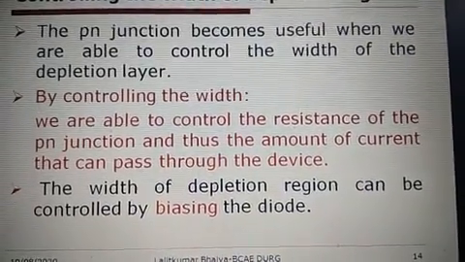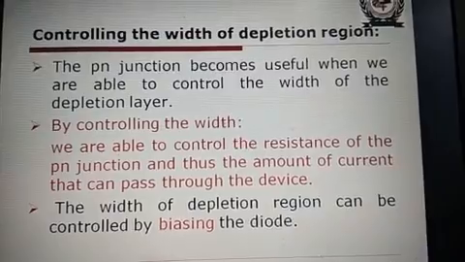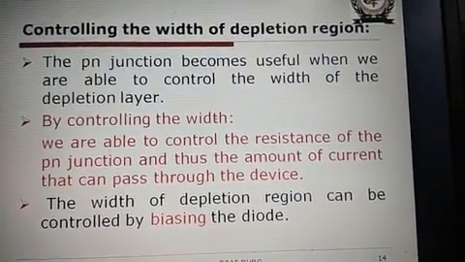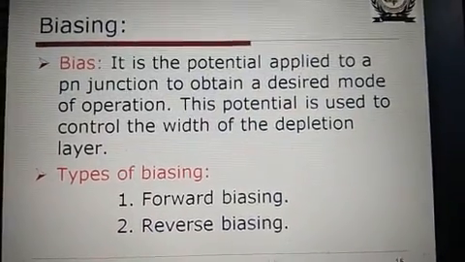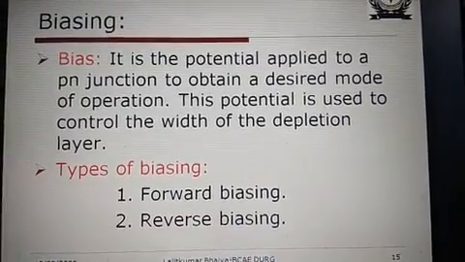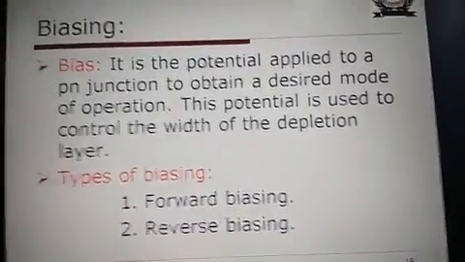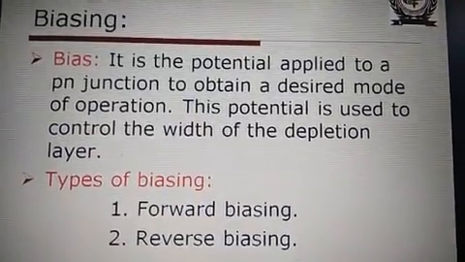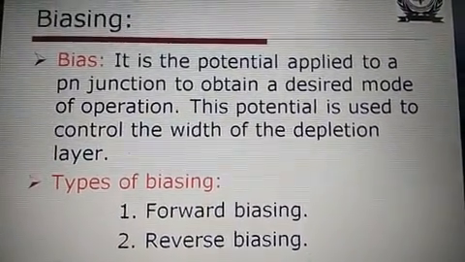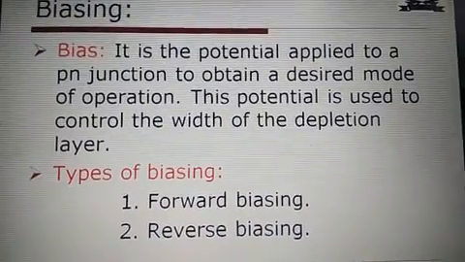The width of the depletion region can be controlled by biasing the diode, either forward bias or reverse bias. Later on we have to see biasing. What is this biasing? It is the potential applied to the PN junction to obtain a desired mode of operation.